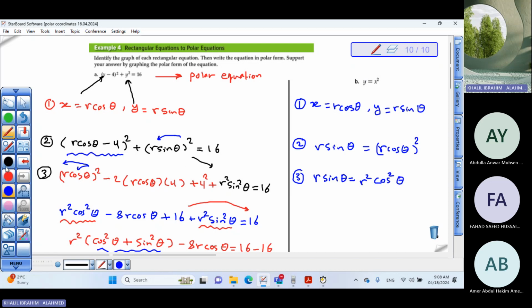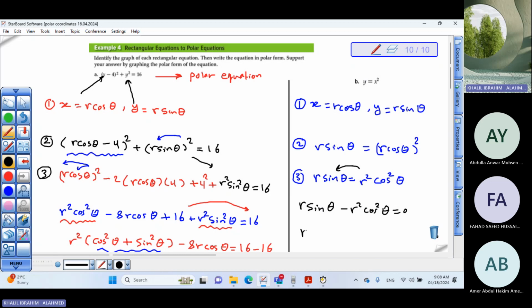Here, I think we can replace or cancel, as you see here, or maybe r sine theta minus r squared cosine squared theta equals 0.